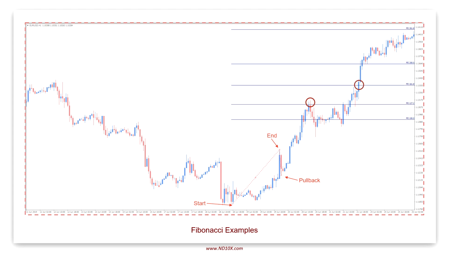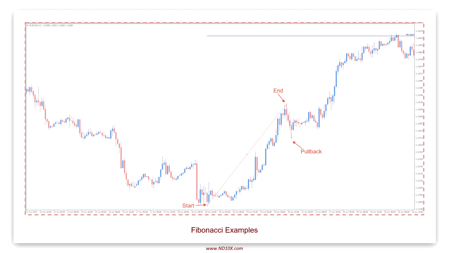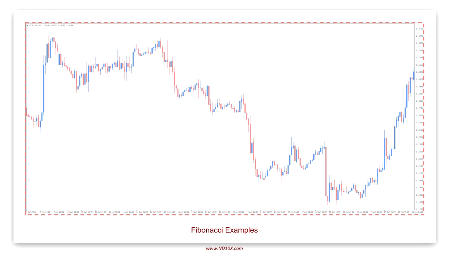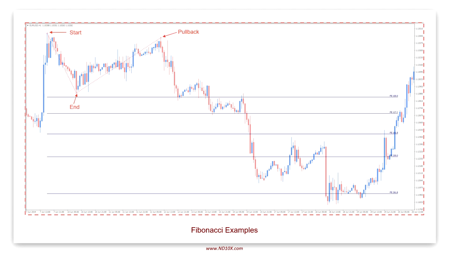So we can use the same thing because price continued to move higher, looking at the 161.8, the 200, and then the 261.8. But also, if you want, you can always redraw that existing Fib and you would get that price ended that trend around the equal leg, so 100%.